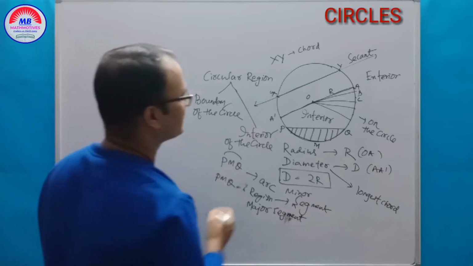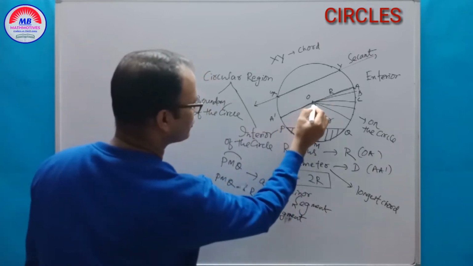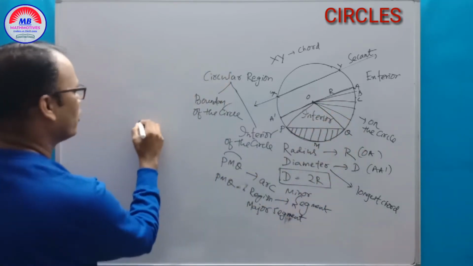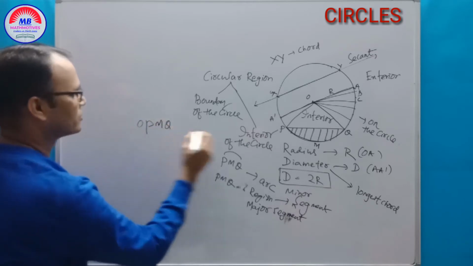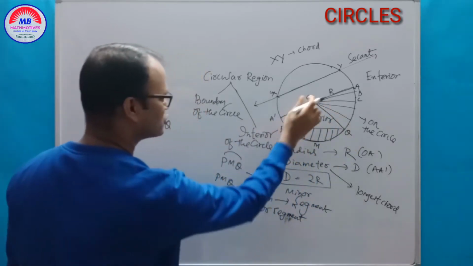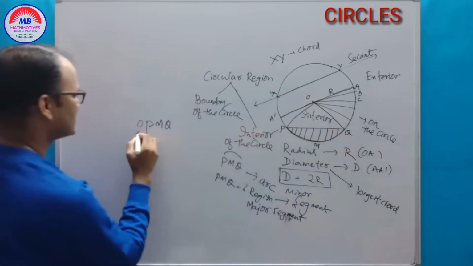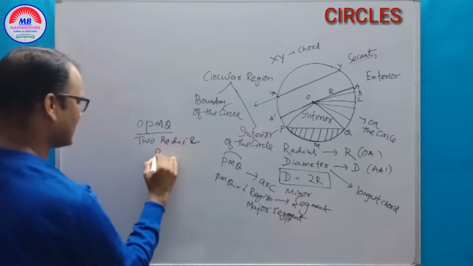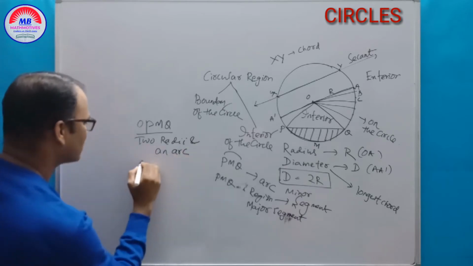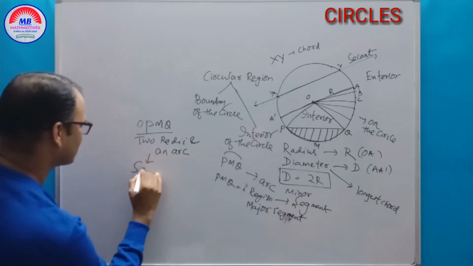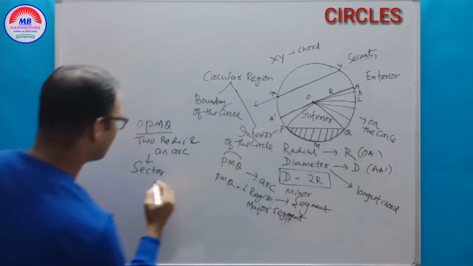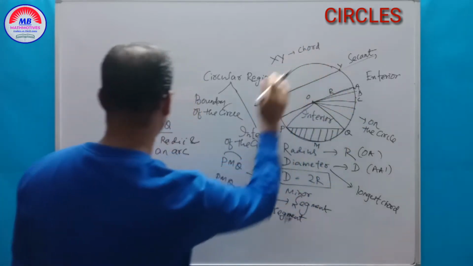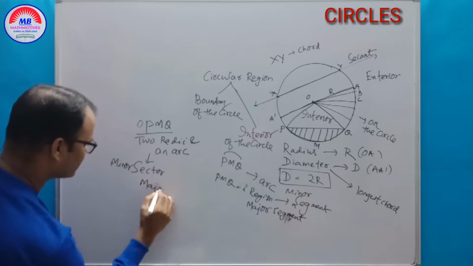Then you see, in a circle, if we join this point and this point, this figure O, P, M, Q, that means 2 radii and an arc, is called a sector. The smaller part is called the minor sector, and the rest part of the circle is called the major sector.